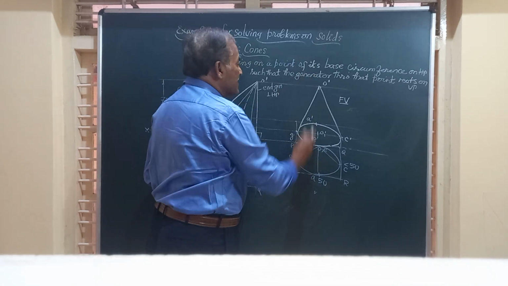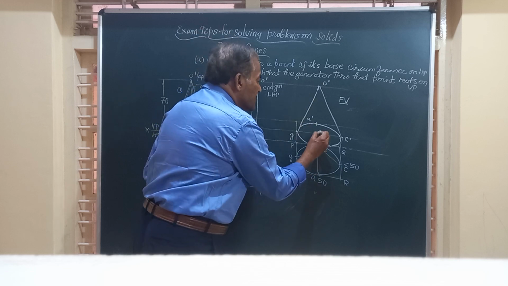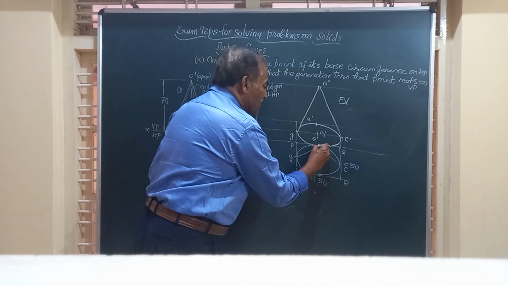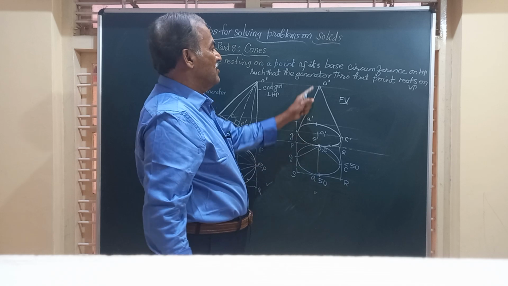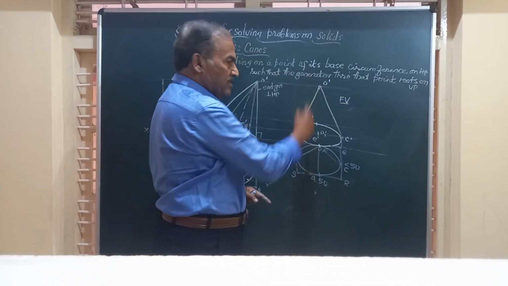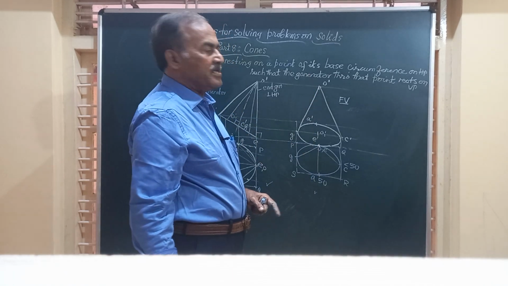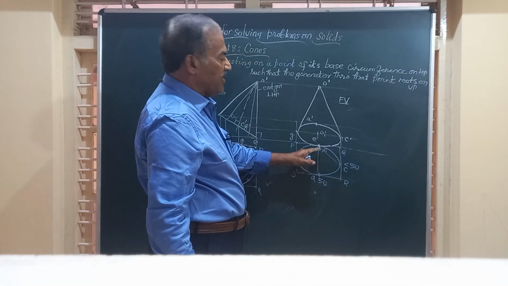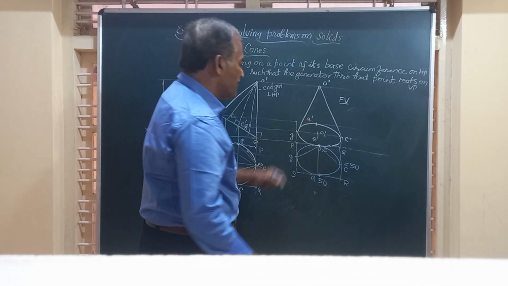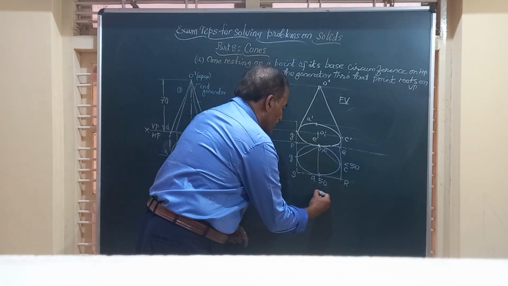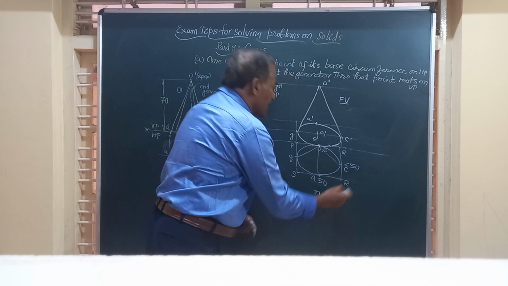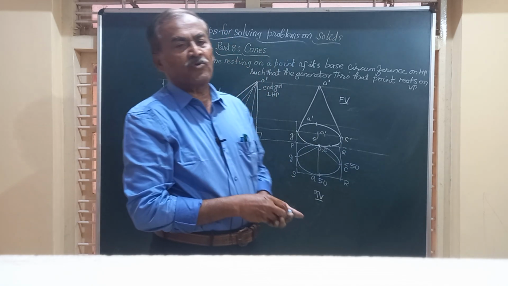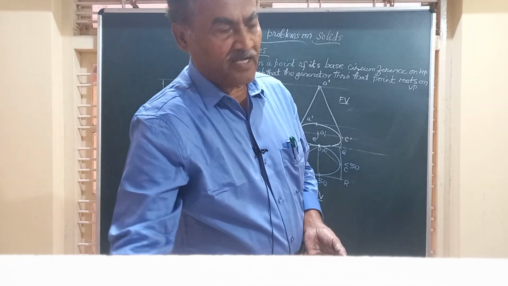Since it is on the wall or VP, you will see it as a point in the top view. O dash E dash is perpendicular to HP and so it is seen as a point on OE. So this is the front view and this is the corresponding top view of the solid. And friends, this is how we obtain the projections of the solid.